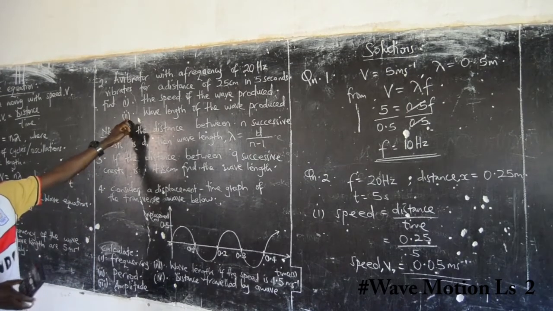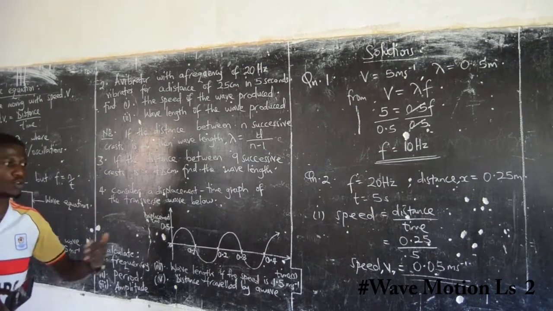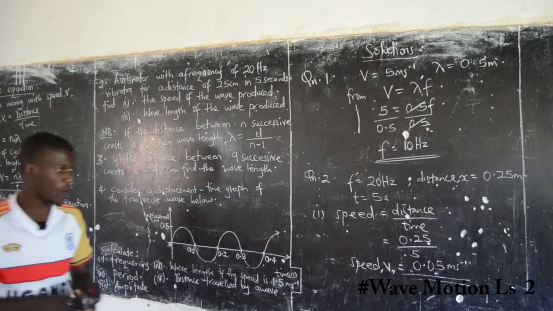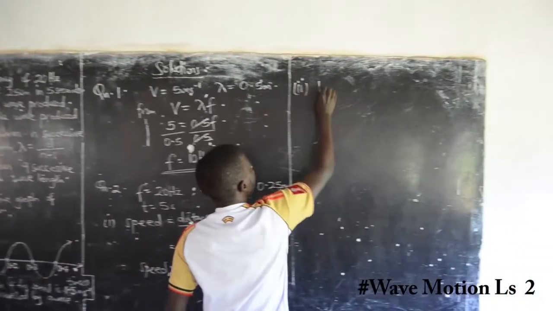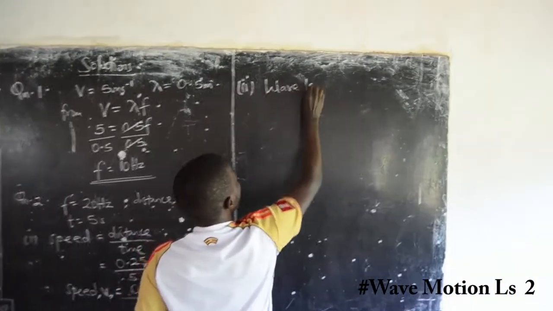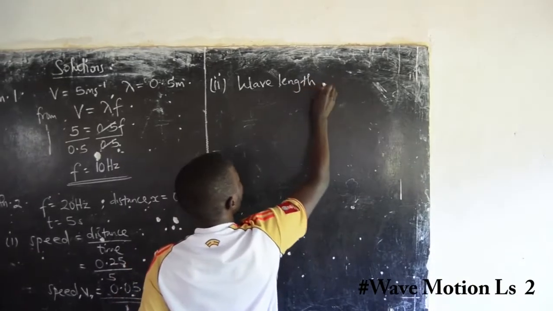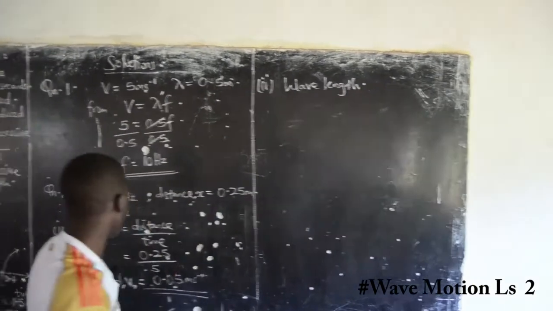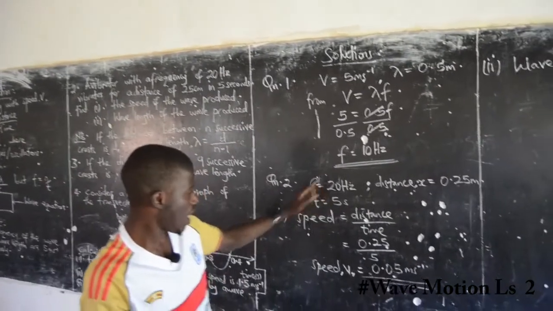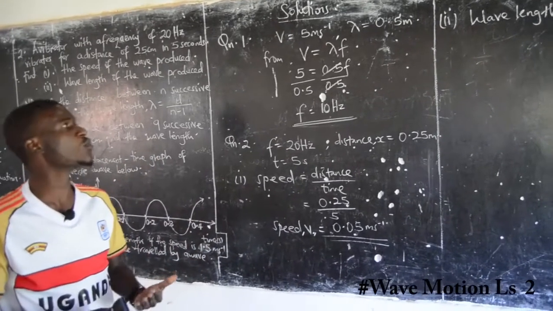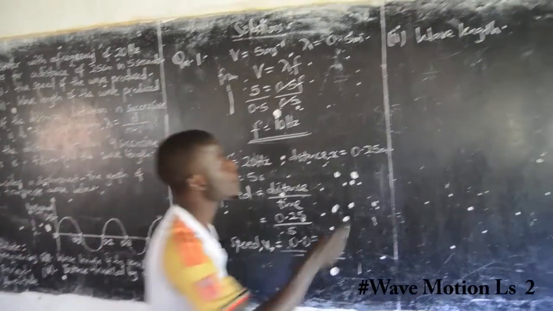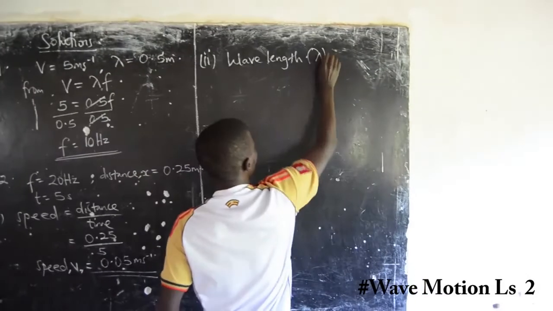Then Roman 2, the wavelength of the wave produced. Now you have the frequency and you have the velocity, so you can use the wave equation to get lambda, because wavelength is lambda.